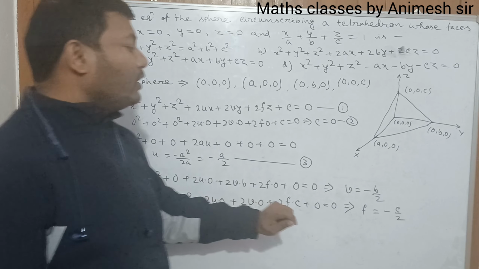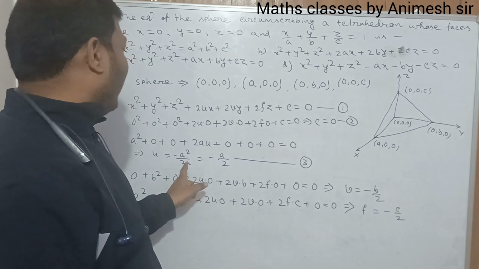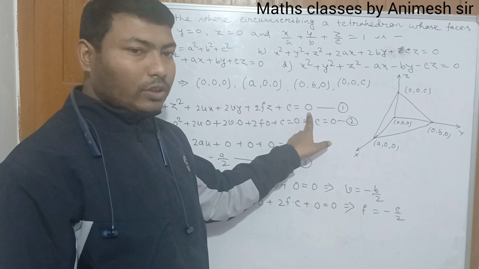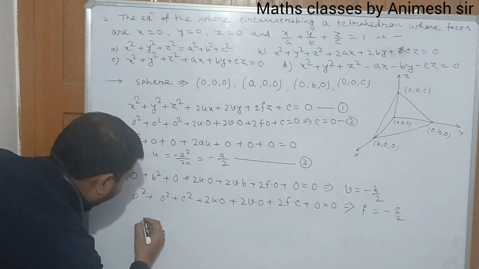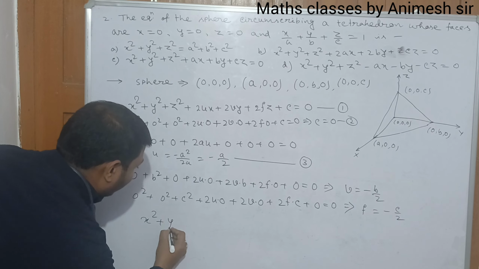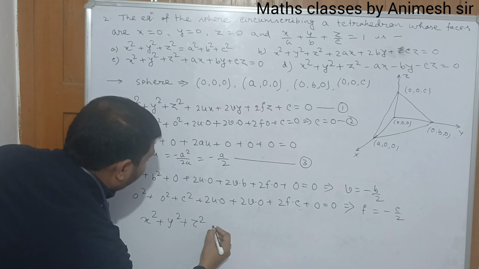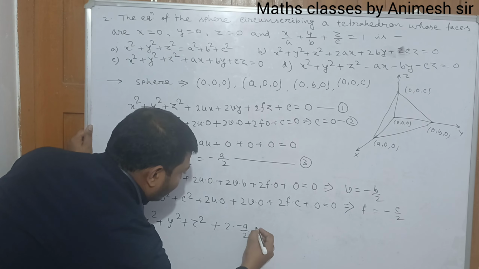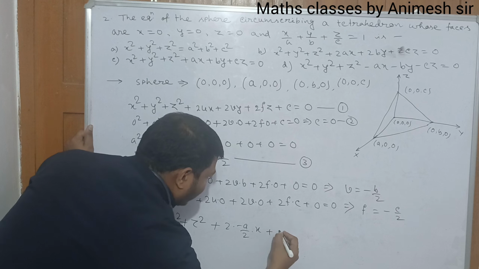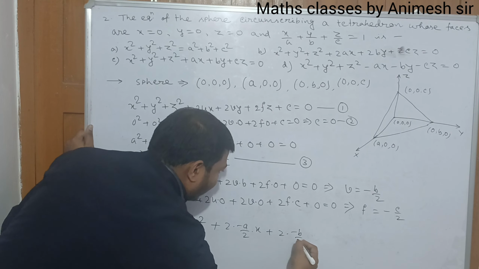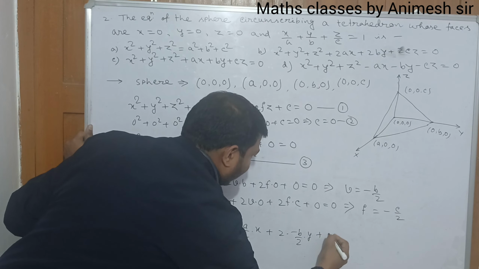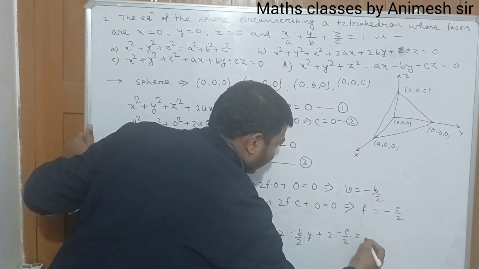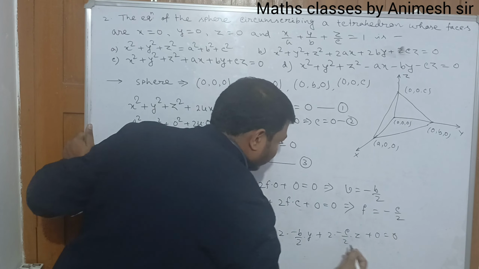So now if we replace these unknown values, that is u, v and f, in original equation 1, then we will get the equation as x square plus y square plus z square plus 2 into minus a by 2 into x plus 2 into minus b by 2 into y plus 2 into minus c by 2 into z plus 0 equals to 0.